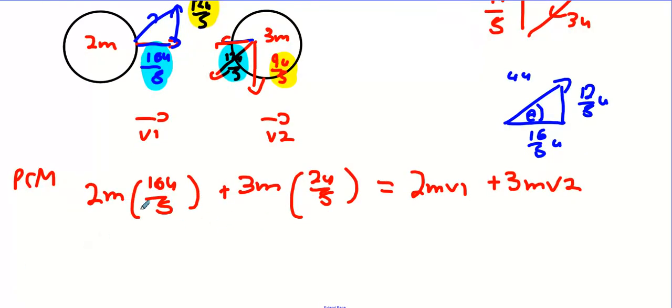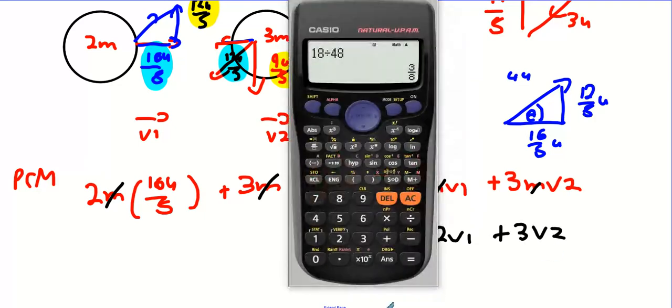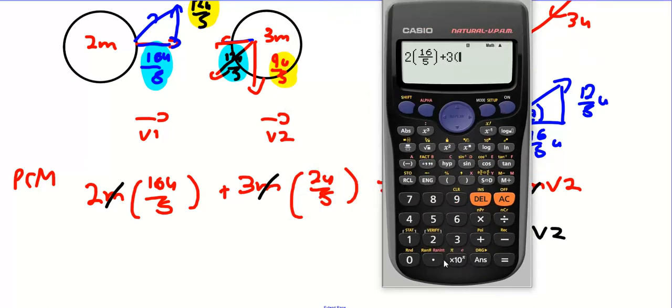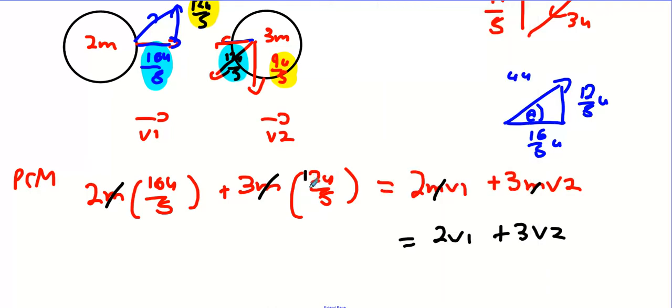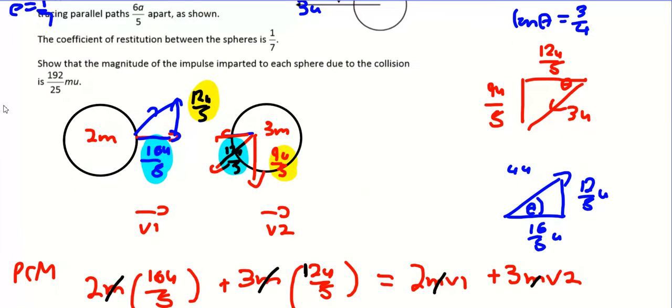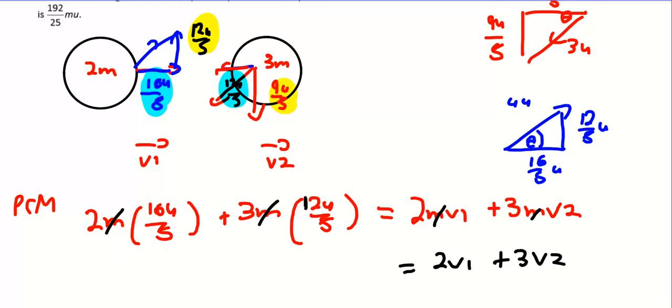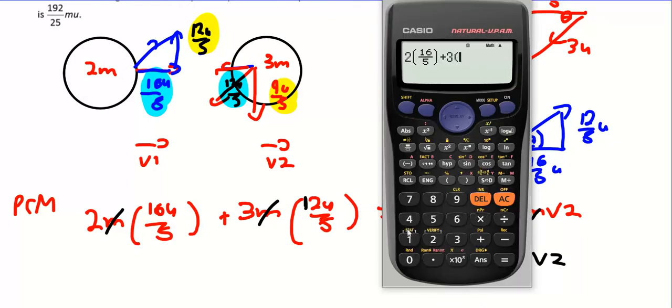All the m's can cancel, and we get 2v1 plus 3v2 equals 2 times 16 over 5 plus 3 times 12u over 5.